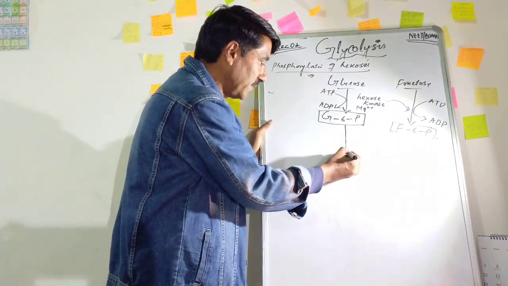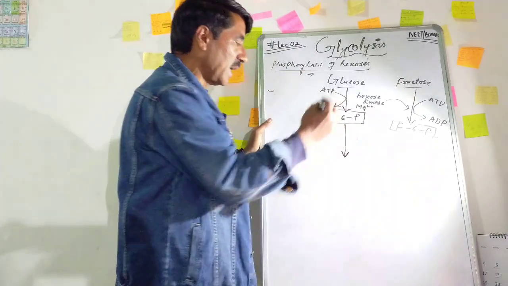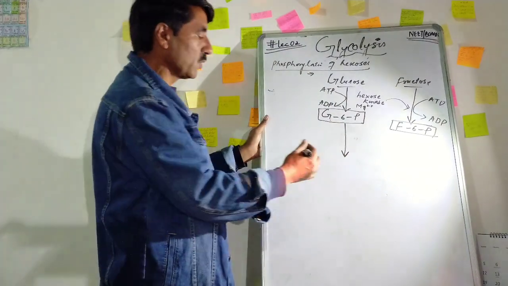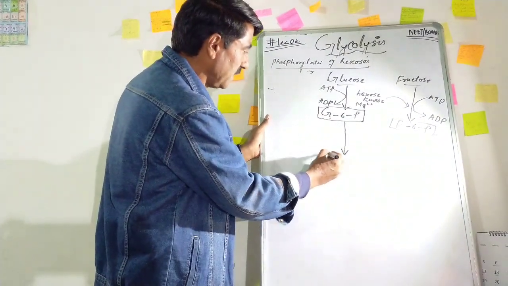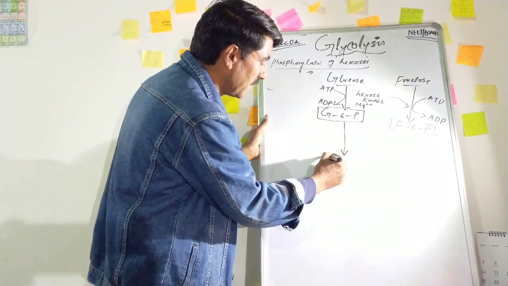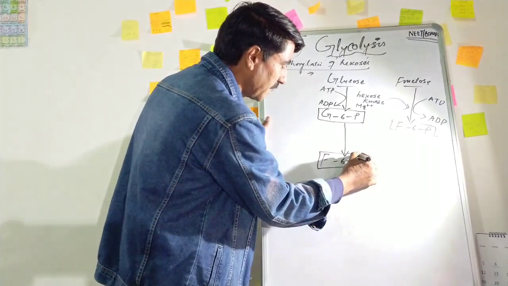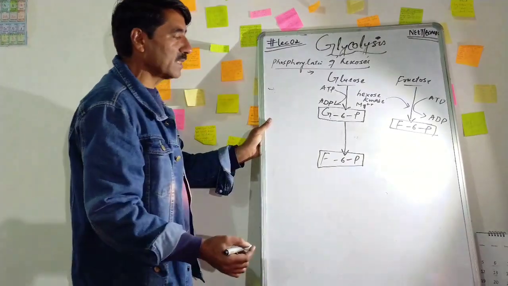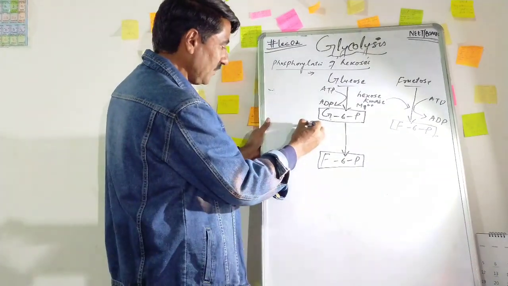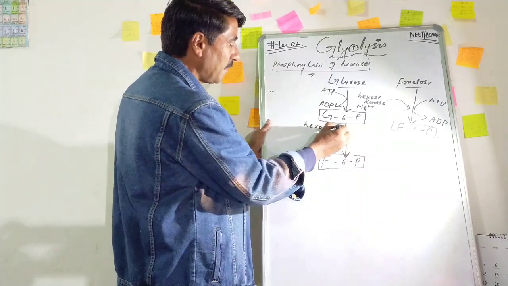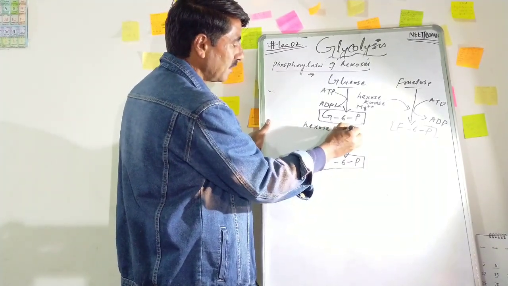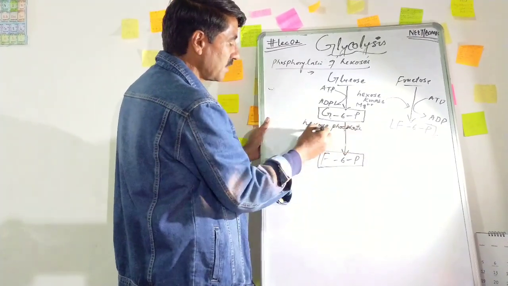Now the second step follows, there is isomerization. Here glucose 6-phosphate gets changed into fructose 6-phosphate. Now the enzyme is hexose phosphate isomerase.